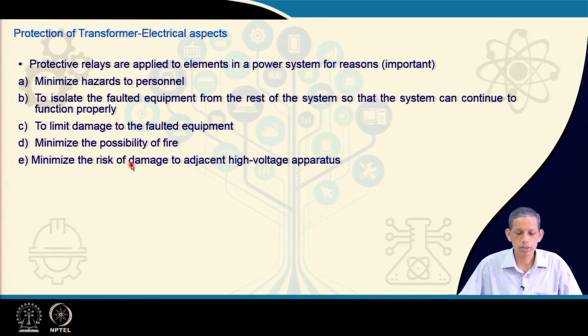Minimize the risk of damage to adjacent high voltage apparatus because of associated fire and other things. So when you are designing protection schemes, all these points must also be addressed.